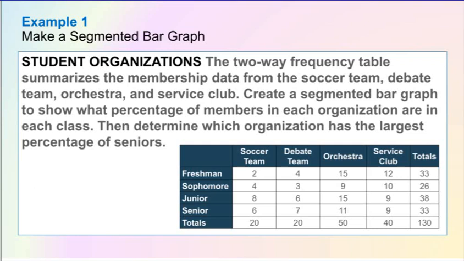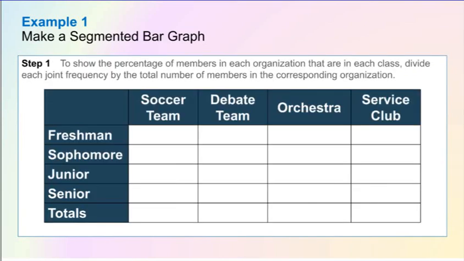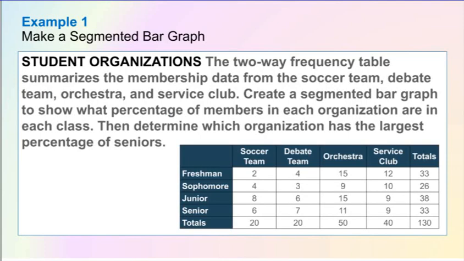So the first thing we need to do is put these as percentages. So we're going to be going by what percentage of each team. So the soccer team, we need to know what the total would be. So let's look here, we have a total of 20.